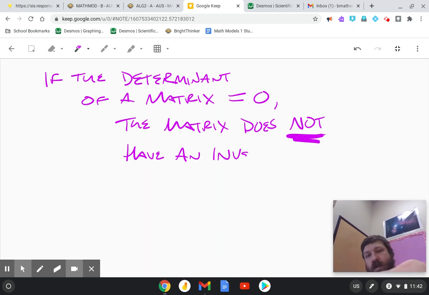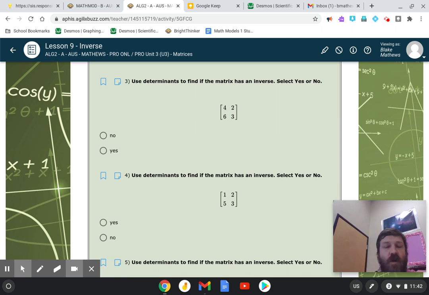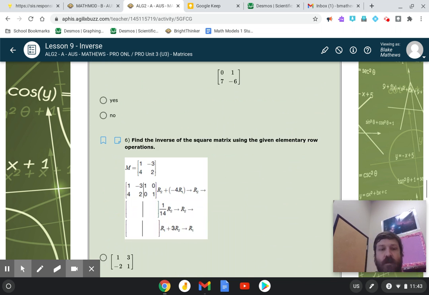I'll put that in the notes for you. That's kind of one of the key concepts here. So basically, you need to calculate the determinant of the matrix in 3, 4, and 5. You can go back to lesson 7 to find out how to do that. Once you find out it's 0 or not, that determines yes or no. So if you get an answer of 0, then the answer is no. If you get any other number, the answer is yes. That's it for 3, 4, and 5.